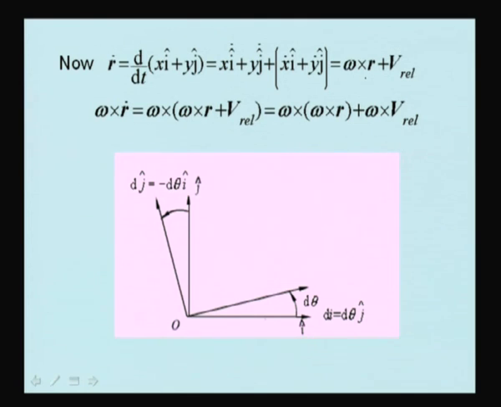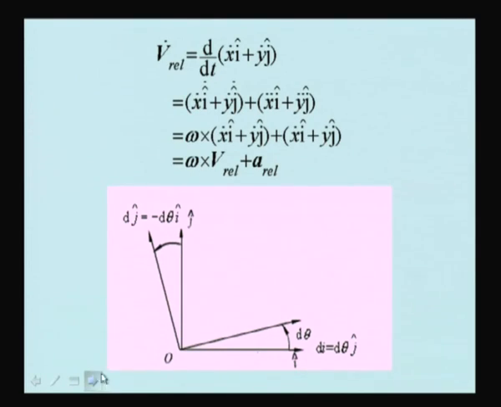This relation we have derived. Therefore, omega cross r dot can be written as omega cross (omega cross r plus V rel), which is equal to omega cross (omega cross r) plus omega cross V rel.